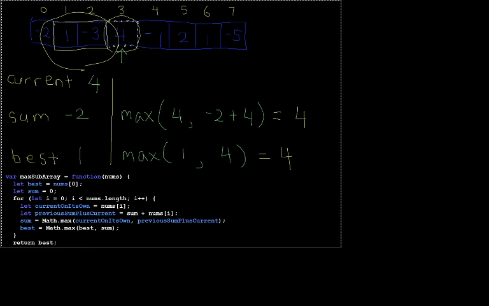To figure that out, you determine if it's best to take the current number on its own, or the current number plus the previous. Obviously it makes more sense to just start the sliding window over, and so the sum and the best values get overwritten.